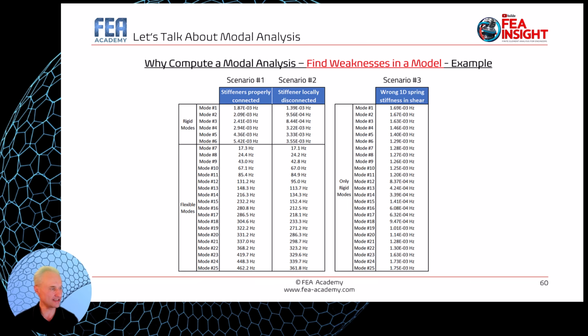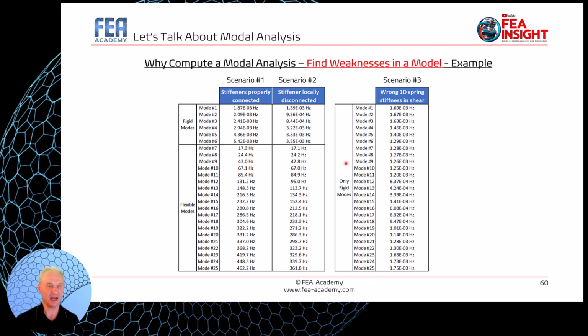Here are the results I obtained with the 3 scenarios. You see scenario 1 and scenario 2. I remind you, scenario 1 is the stiffeners properly connected. Scenario 2 is the stiffened panel, but with a stiffener locally disconnected without any 1D spring elements. I can see my rigid body modes, I have 6, with very low frequencies.